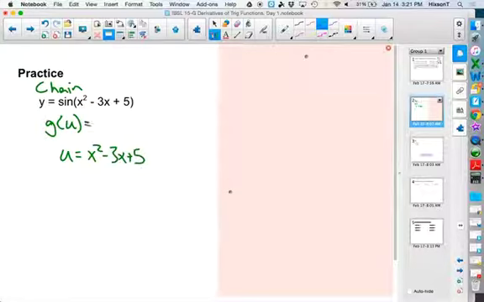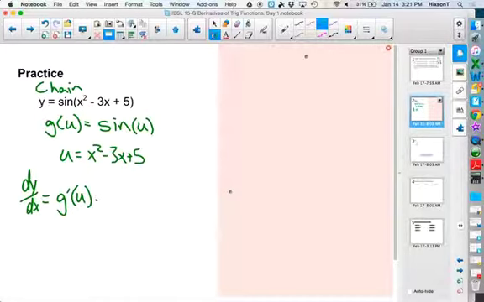G of u is the outer function. In this case, it's the sine of that inner function u. So if I'm finding dy dx, I have to do g prime of u times u prime. The derivative of the outer times the derivative of the inner function.